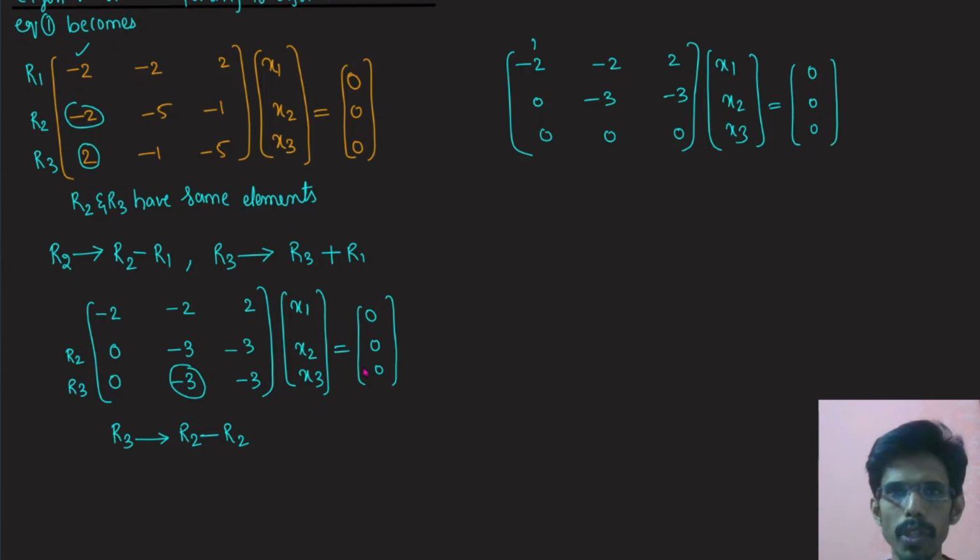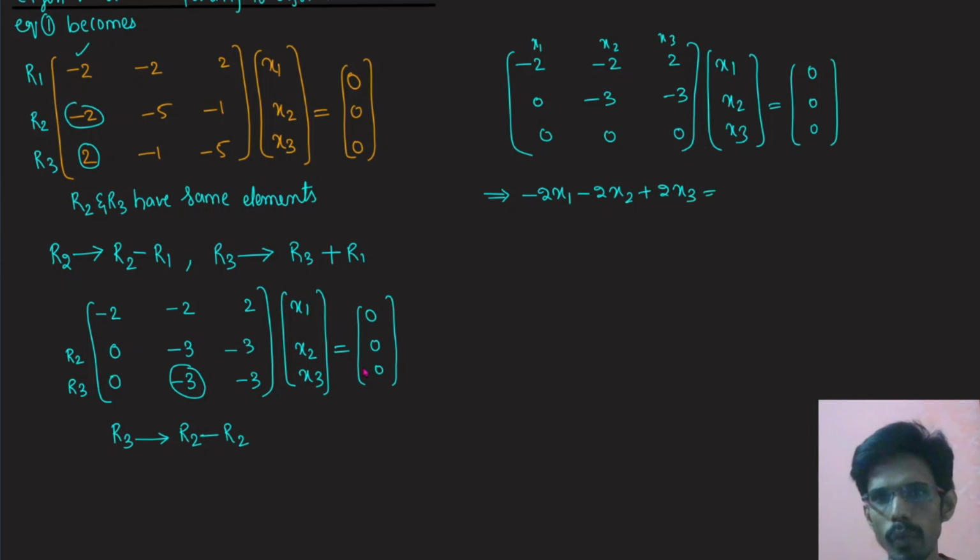Now by backward substitution, x1, x2, x3 will be there. Converting the matrix into equation form, row 1 gives minus 2x1 minus 2x2 plus 2x3 equal to 0. This is the first equation. If I take common from this equation, then I have minus x1 minus x2 plus x3 equal to 0.